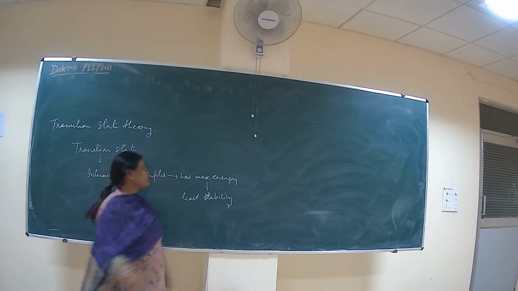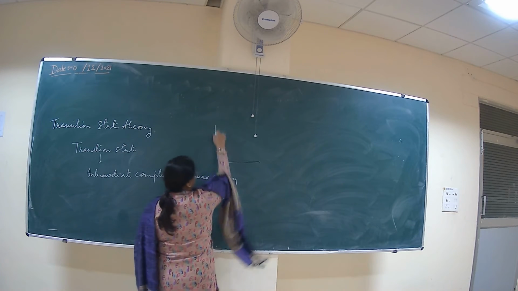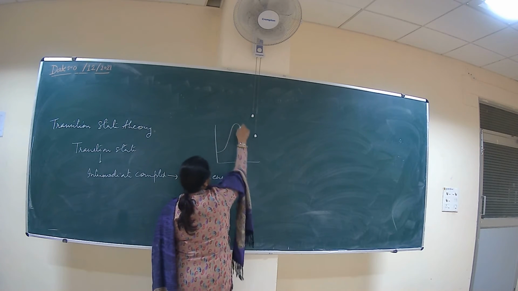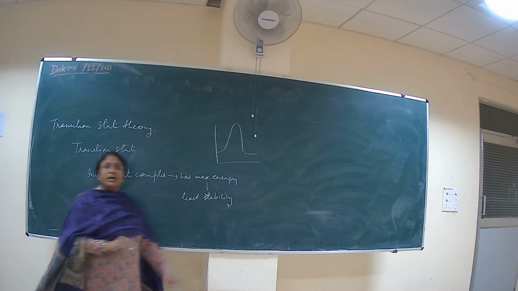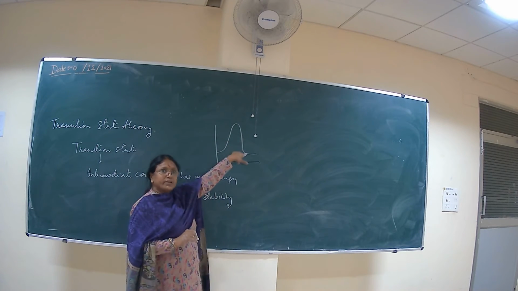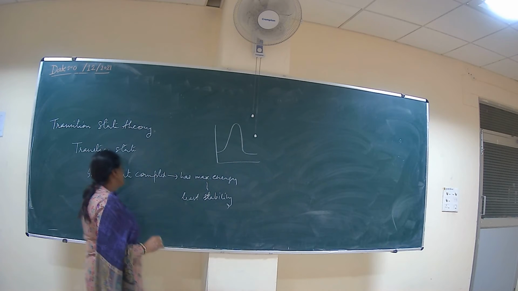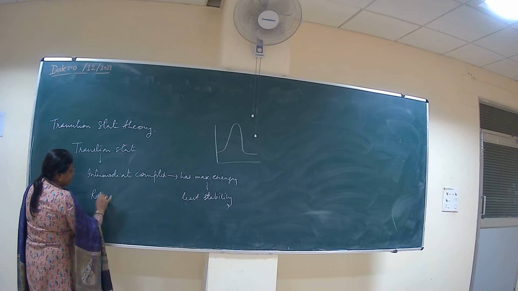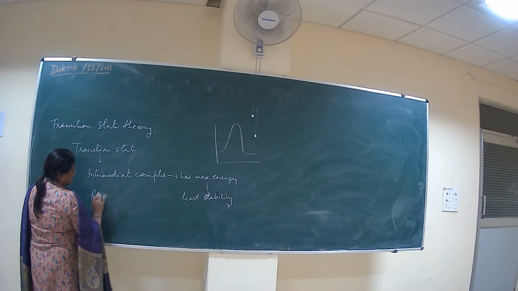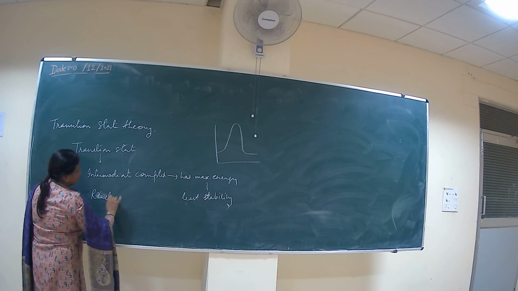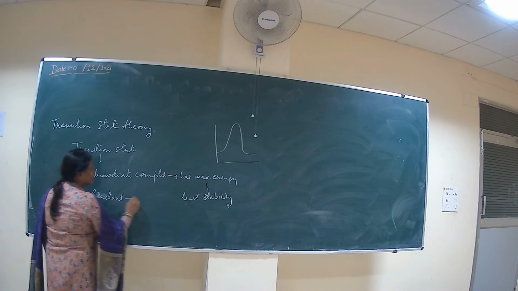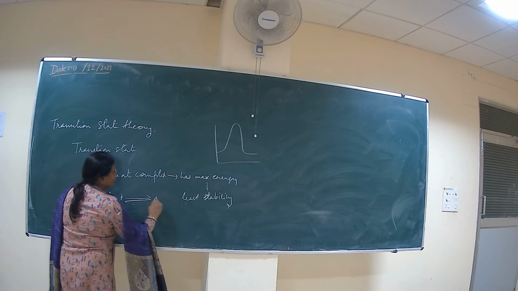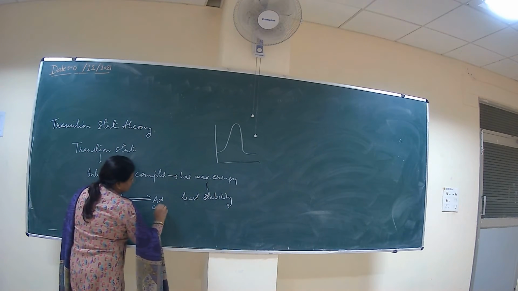So for the formation of the product, each and every reactant molecule has to cross the energy barrier, and after that only the product is formed. Okay, so the reactant molecule is in equilibrium state with the activated complex.